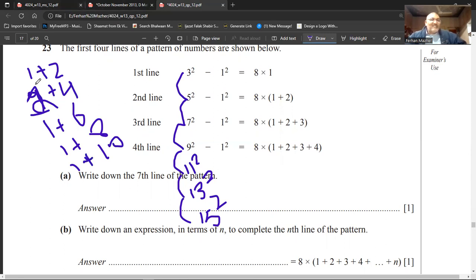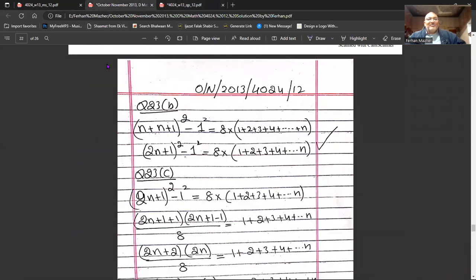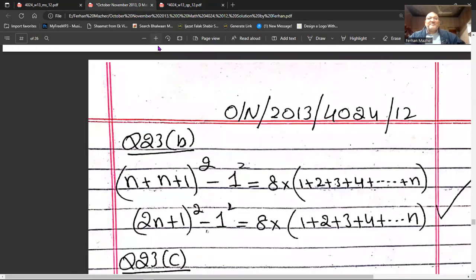Can you see this? 1 plus 2, 1 plus 4, 1 plus 6. This is the table of 2. Can you recognize this? And what is the table of 2? The table of 2 is 2n.